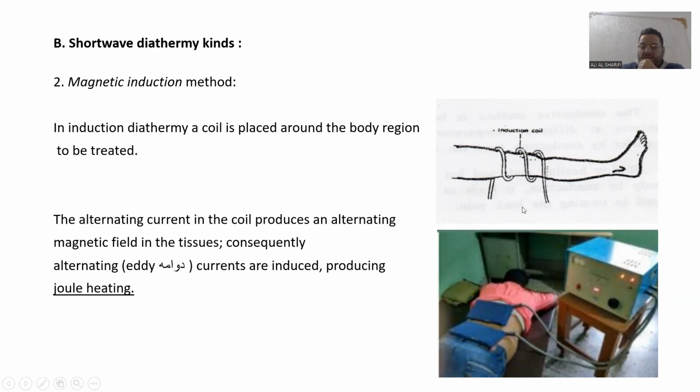Any damage in this plastic and rubber will shock your patient, because we are using alternating current. The coil produces an alternating magnetic field in the tissue. Consequently, alternating currents are induced, producing joule heating. The final result is that the temperature of the damaged tissue you want to treat will increase.